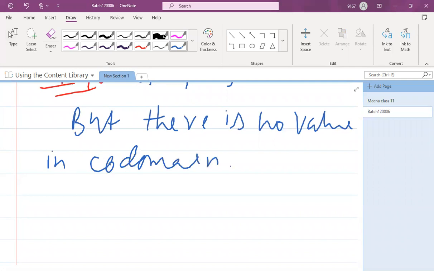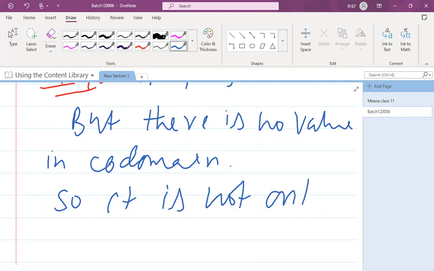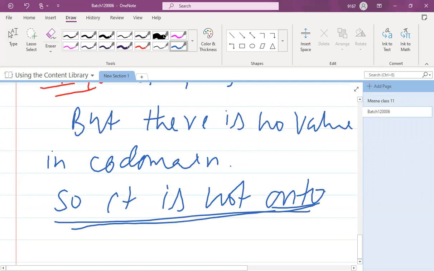So it is not onto. Onto is also called surjective function, and one-one is called injective function. So it is neither injective nor surjective.